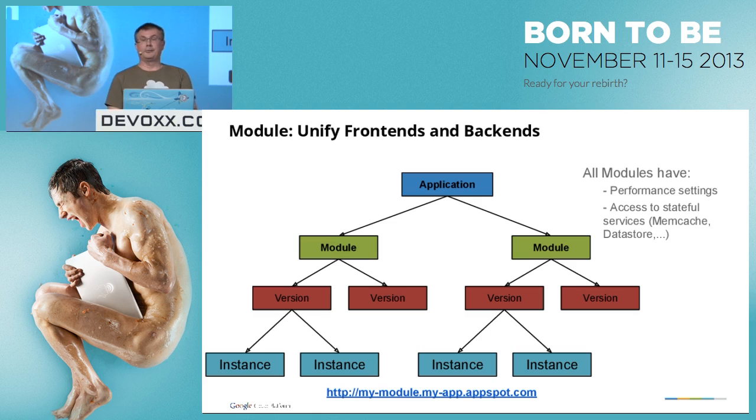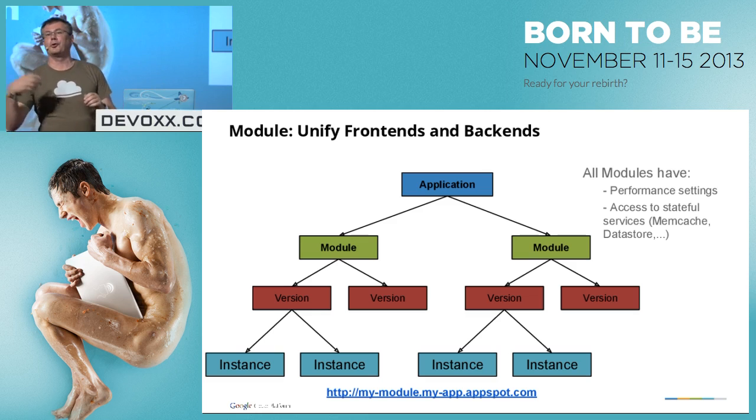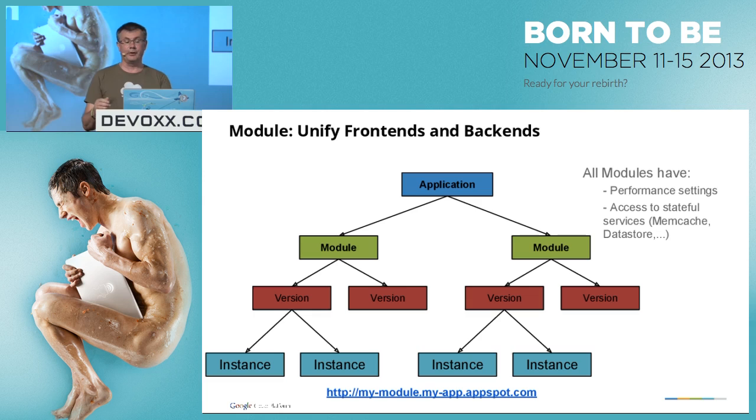And then you have the instances, between 0 and n, for each module. At the bottom of the slide, you have the URL to access your module. It's mymodule.myapp.appspot.com. That would go to the default version of the module. Now let's say you want to access version 2 of your backend called mymodule.